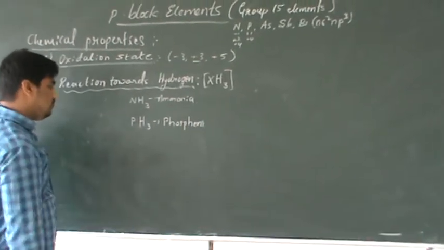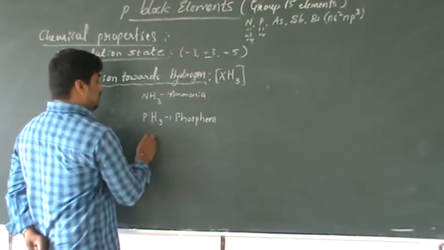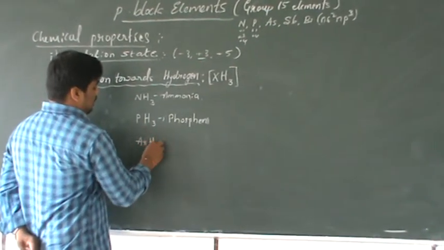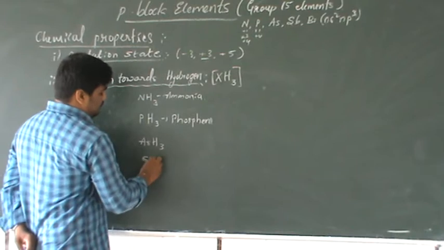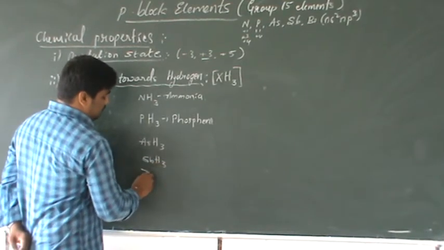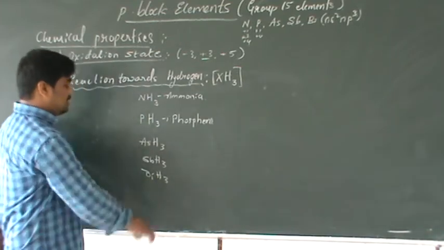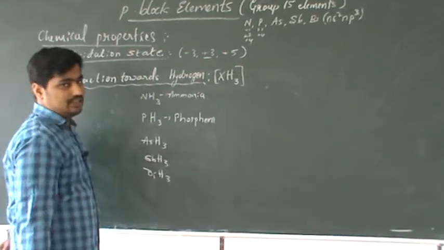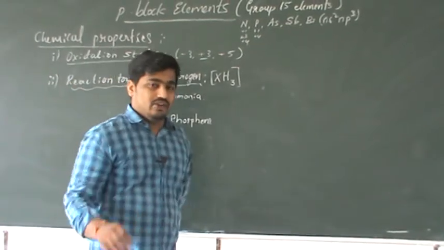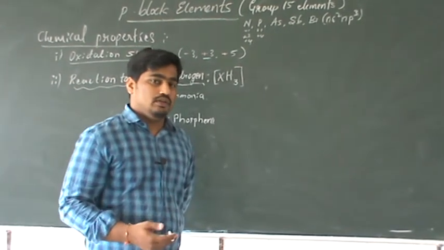Next, when arsenic reacts with hydrogen, arsenic hydride, antimony hydride, bismuth hydride. Clearly observe these compounds. What happened to the stability of the hydride in this case?